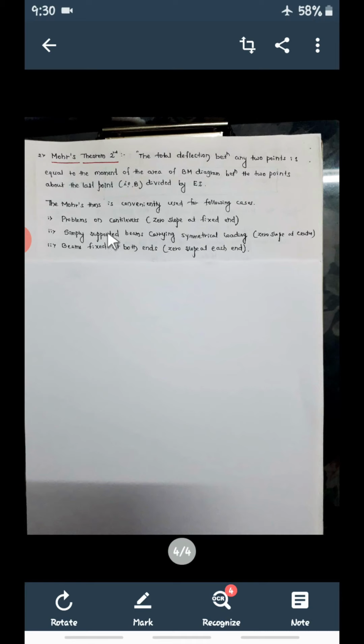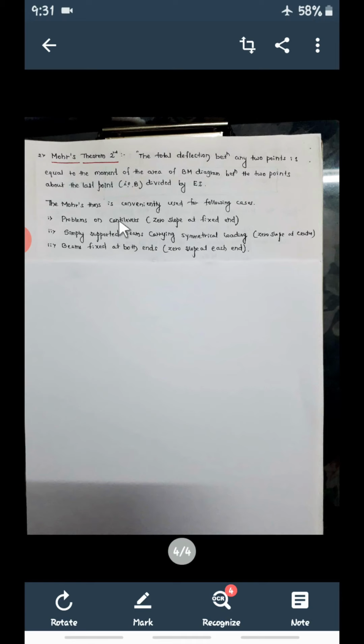Second, a simply supported beam carrying symmetrical loading. If the load is symmetrical and the beam is simply supported, then you can use Moore's theorem to find the slope and deflection. Even if the beam is fixed at both ends, you can use this, but right now we are not using it because a fixed beam is an indeterminate structure.